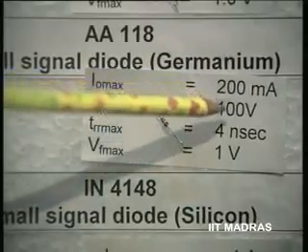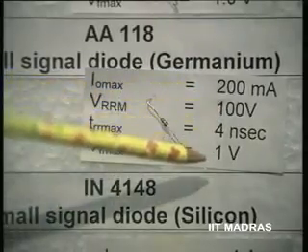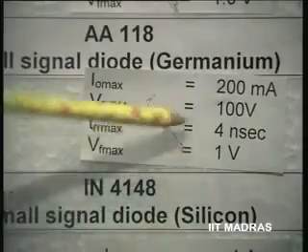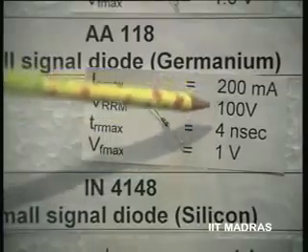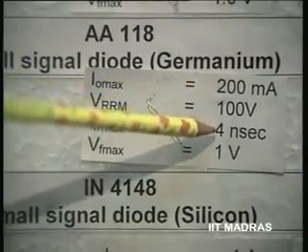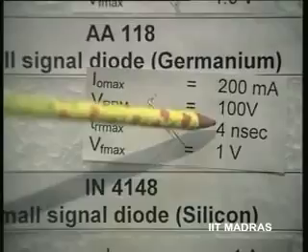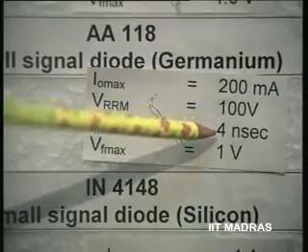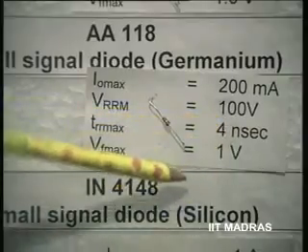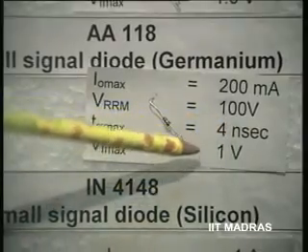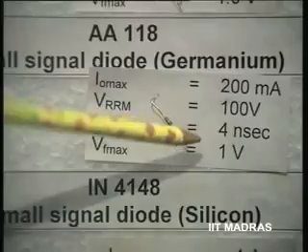Peak inverse voltage rating is about 100 volts, and it is supposed to be a fast diode, and therefore the recovery time, from forward bias mode to reverse bias, has a delay time of the order of 4 nanoseconds. This is important in diodes which are used for switching applications.